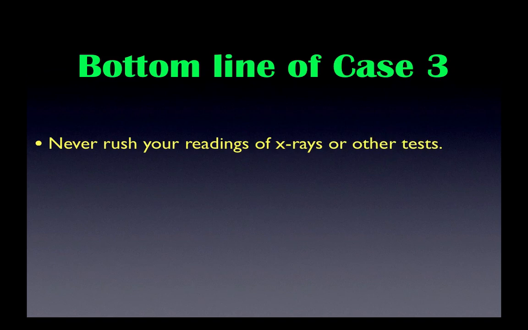The bottom line of this case, case number 3, is first of all, never rush your readings of x-rays or other tests. A clear look at this x-ray would have revealed that in fact this was not a pneumothorax. But in the heat of the moment, it's very easy to suspect something, look at the x-ray, and not have confirmation from the radiology department or from others on your team.